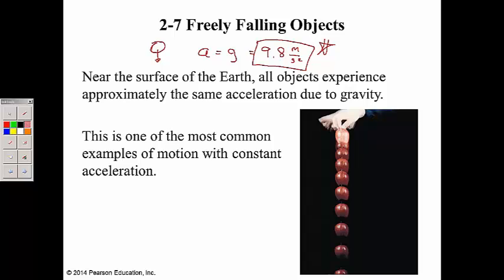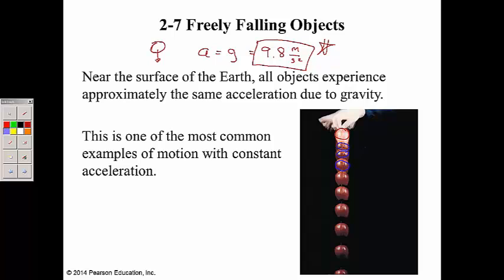Now, this is an example of motion with a constant acceleration, and you can say that the ball is going to initially start from rest, and it's going to start to fall.